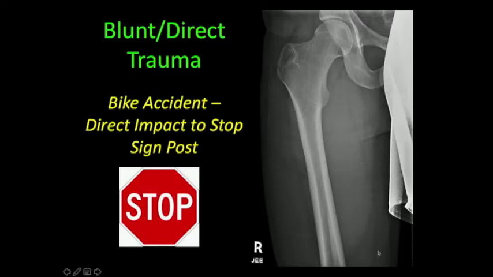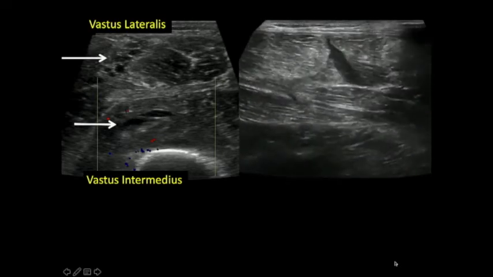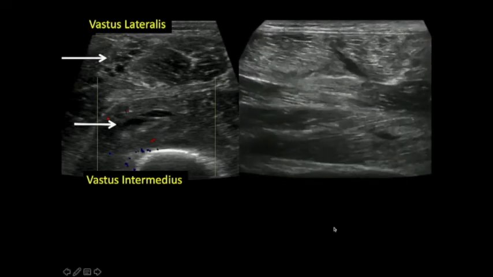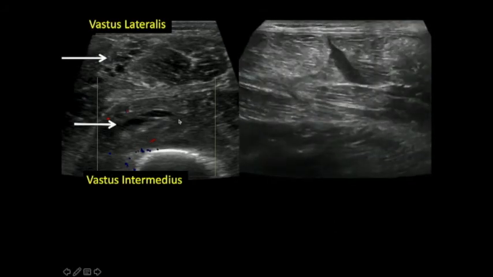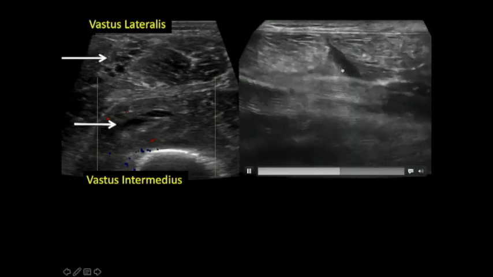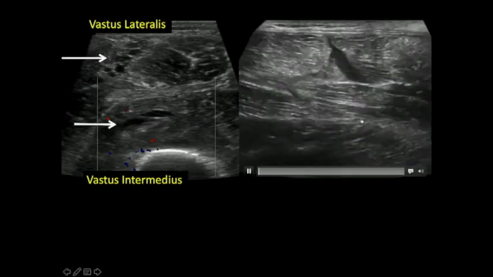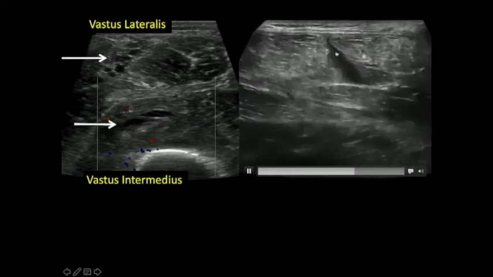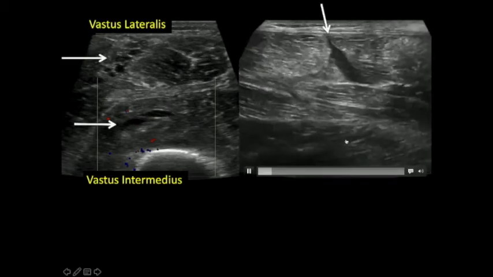So his radiograph was pretty unremarkable, but he had a lot of pain and a lot of swelling in his anterior thigh, and with ultrasound we could very easily tell that he had extensive lacerations in the compartments in his anterior thigh, so the vastus intermedius and lateralis particularly.